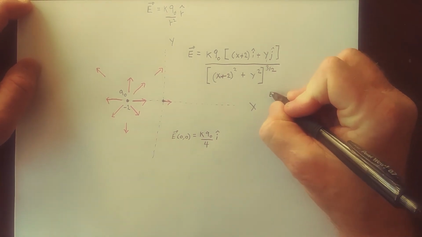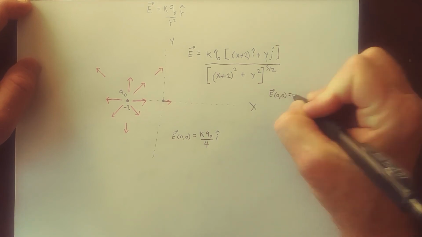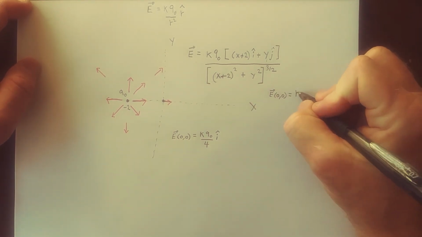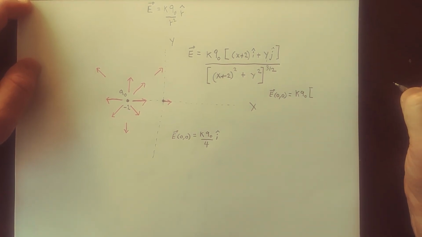So this becomes E00, right, that is K q naught times square brackets.